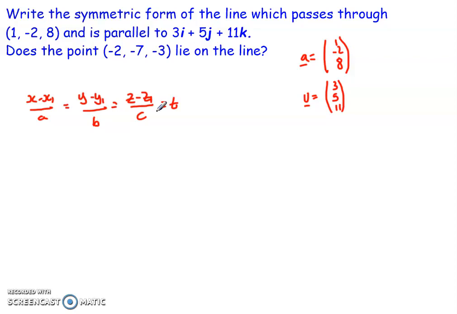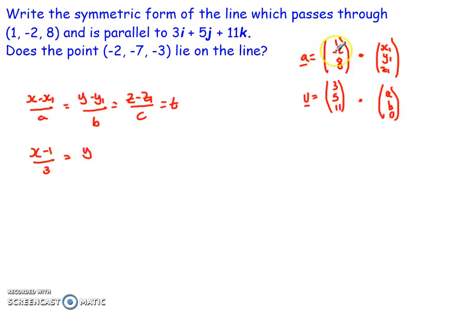And then all I need to do from this is directly substitute into that equation in order to be able to get my solution. Now remember this point here, that's your x1, y1, z1. And the direction vector, that's your a, b, c. So all I can do is I can simply say fine. So I know then that (x - 1)/3 = y.